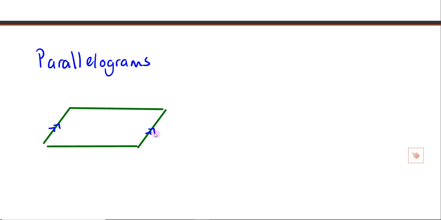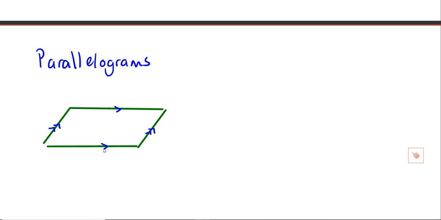Parallelogram. So, basically, the definition of a parallelogram is two pairs of parallel sides. So technically, a rectangle is a parallelogram.